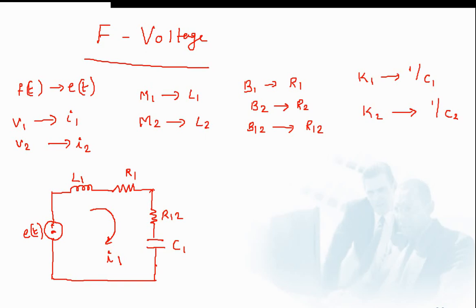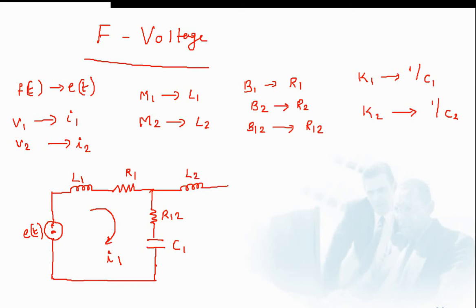So keeping this in common, we can draw the next mesh. So what are the other elements? There is a mass M2, and corresponding to mass M2 we can draw an inductor L2.